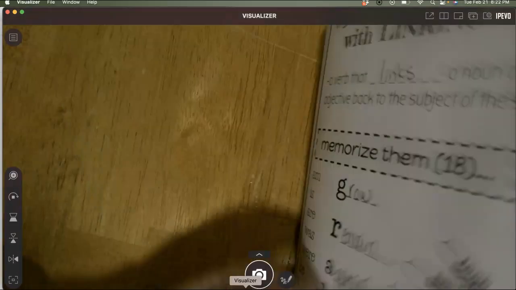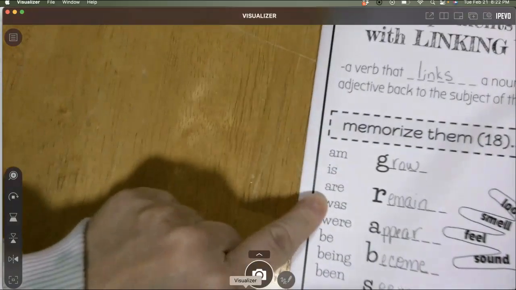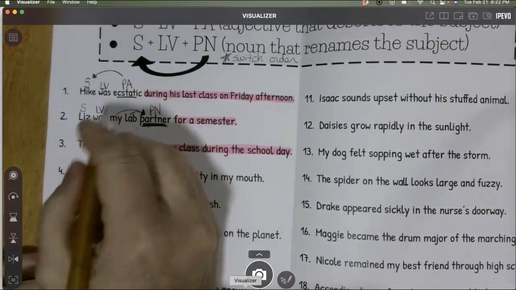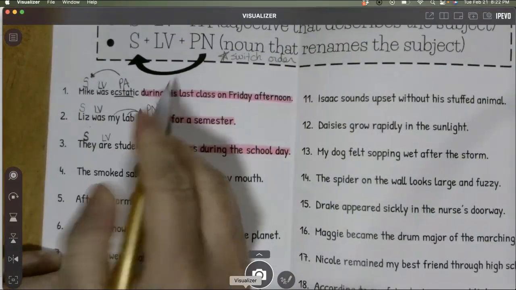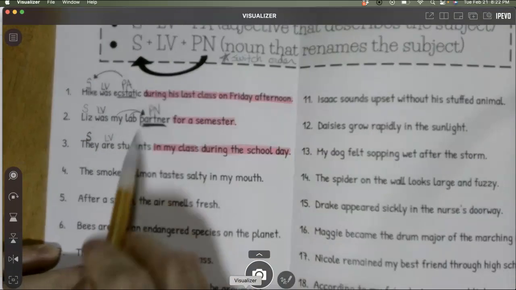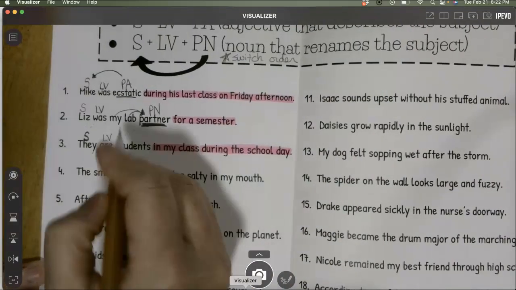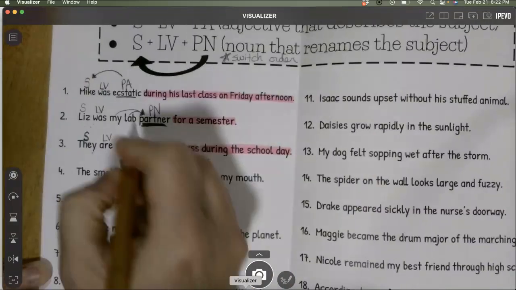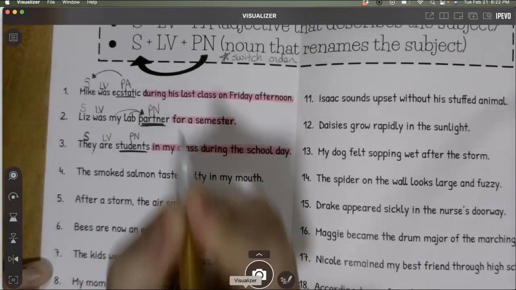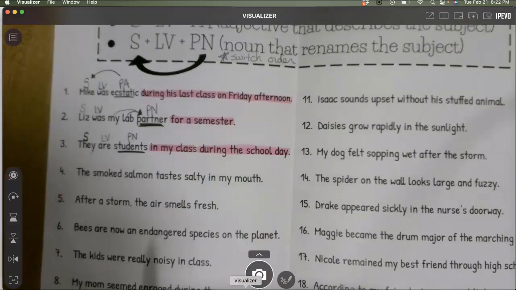Are, if I'm not sure if it's a linking verb, I can come back over here. There it is. Are is a linking verb. So now I'm either looking for an adjective that describes them or a noun that renames them. And I see students. Well, I know students is a noun. That's a person. And a person, place, or thing is a noun.